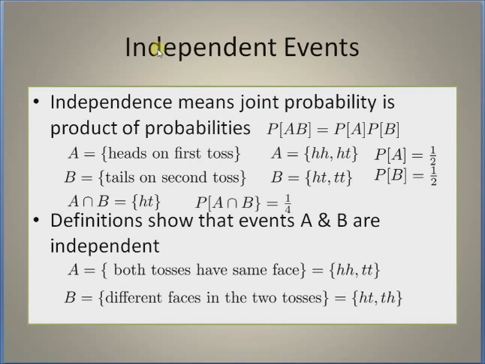Then we have another event B which has different faces in the two tosses, that is, the possible outcomes are heads and tails, tails and heads. So we can clearly see that event A and event B do not have anything in common, that is, their intersection is an empty set. So the joint probability P of AB is equal to 0.